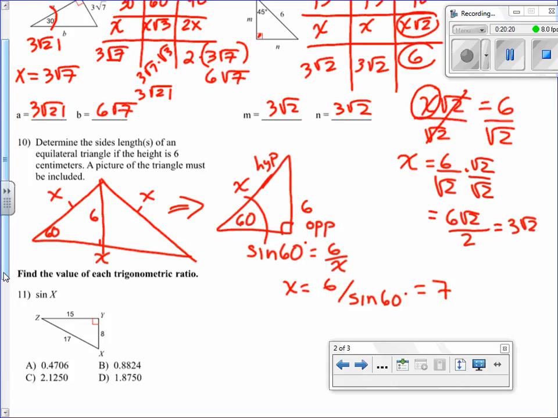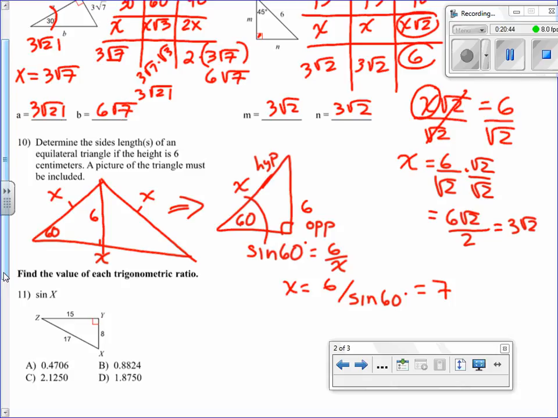Here, you could do it like that? Instead of as a special right triangle? It didn't say you had to. So all special right triangles can be done as trig functions, but if the question says leave your answer, like if you look at number 8 and 9, it says leave your answers as simplified radicals, you have to leave it that way.